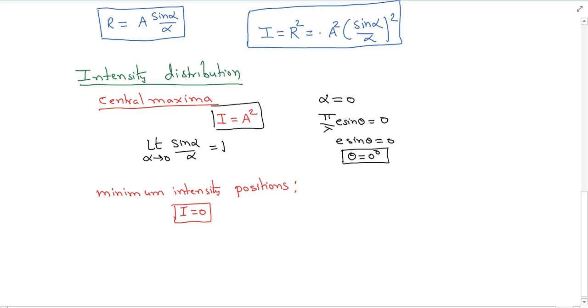The condition for I to become 0 is sin alpha should become 0.